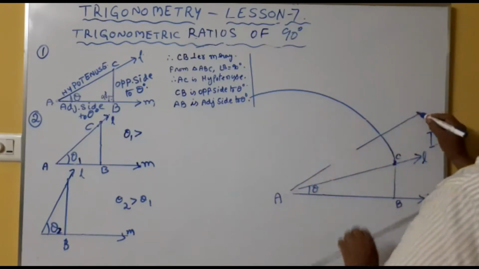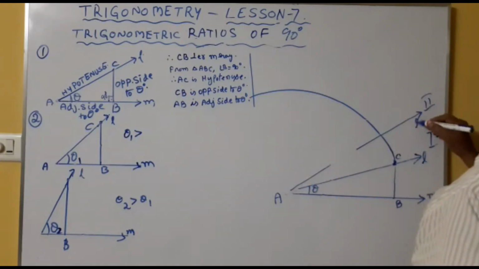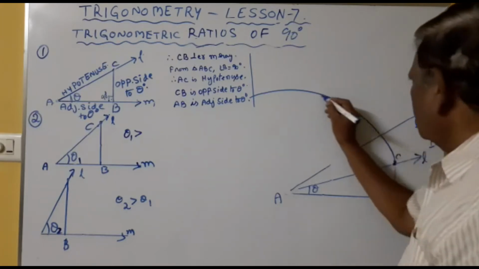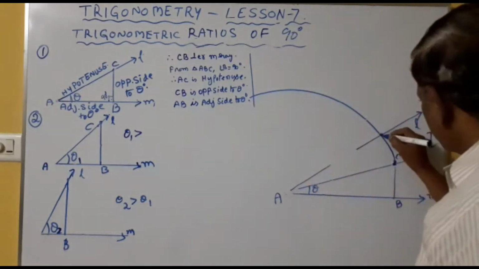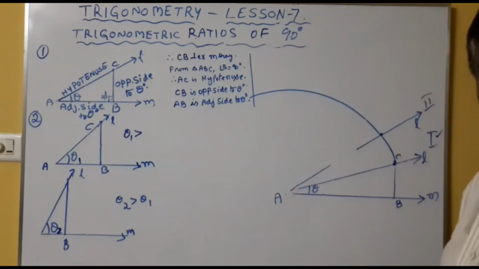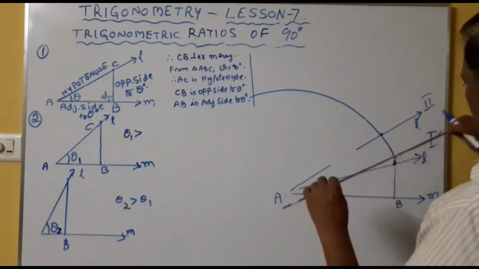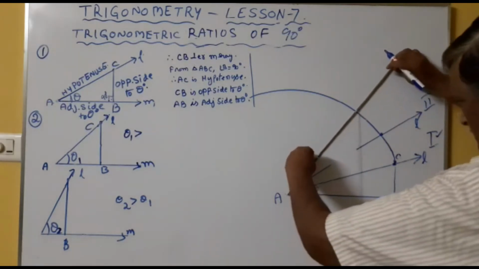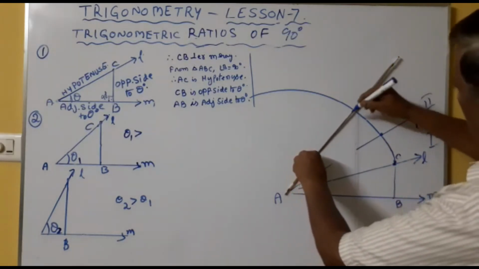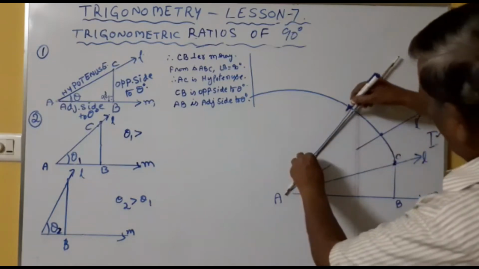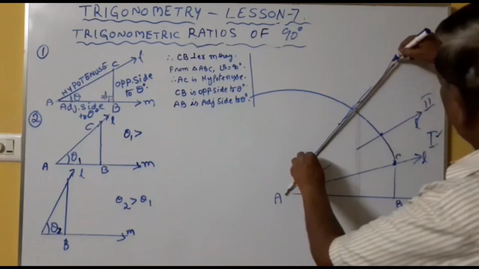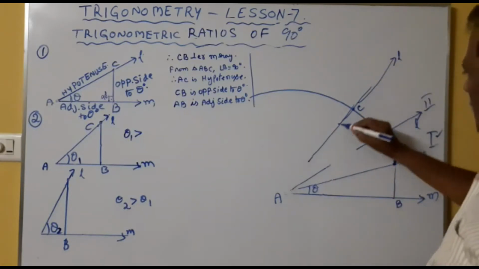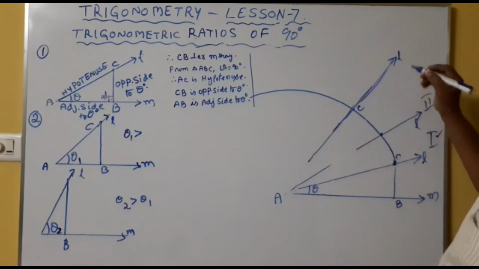The position of C must lie on the circular path. Similarly, consider another position, the third position here. The position of C is always on the circular path, whatever the position of L ray.